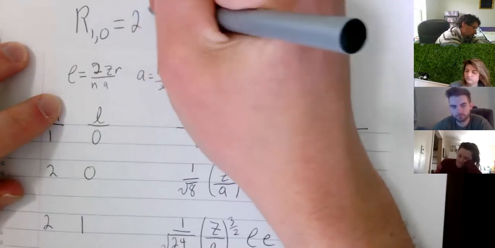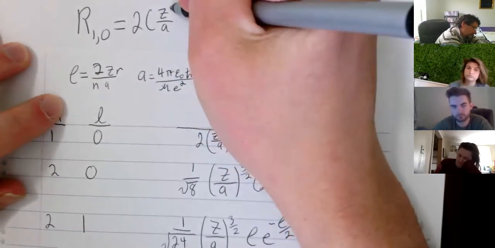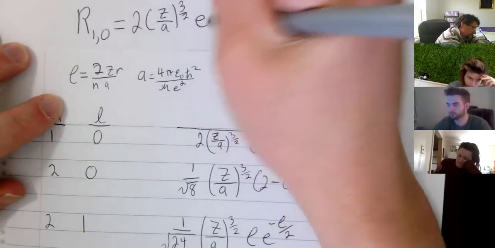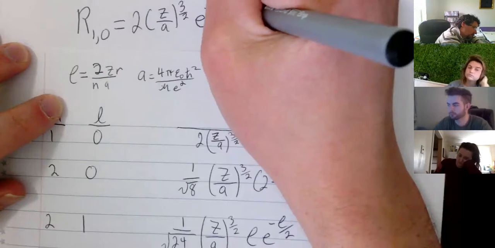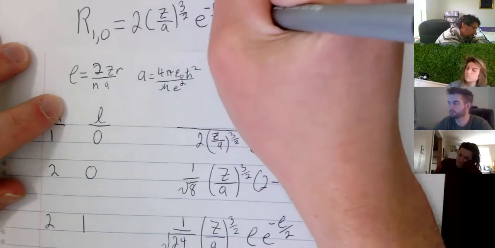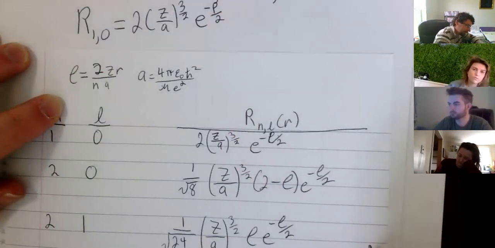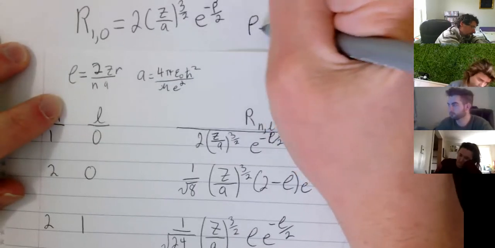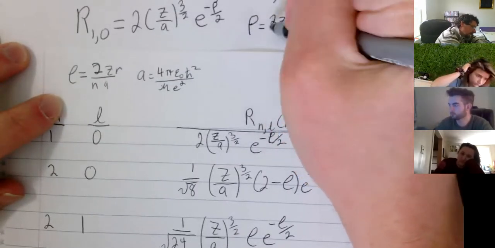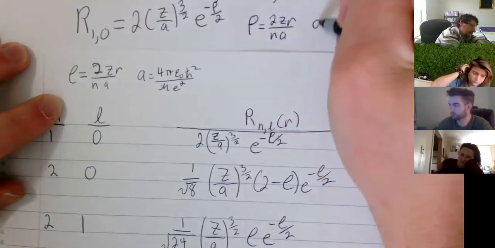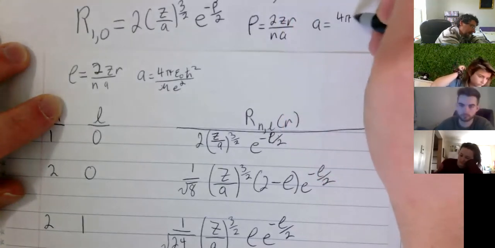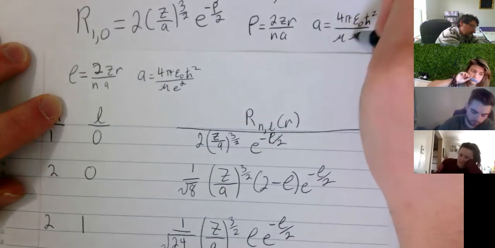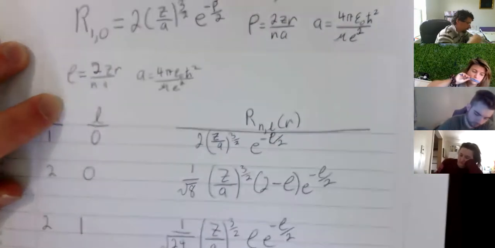We get 2 times (Z over A) to the 3/2 times e to the negative rho divided by 2. And rho is defined as 2ZR over NA, and A is defined as 4 pi epsilon naught h bar squared over u e squared.